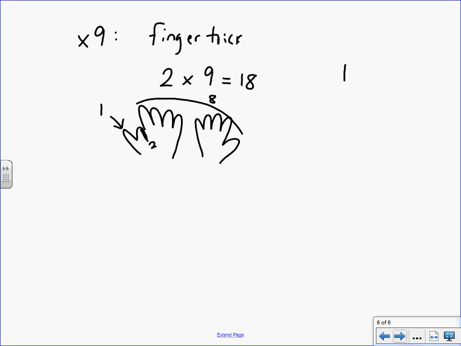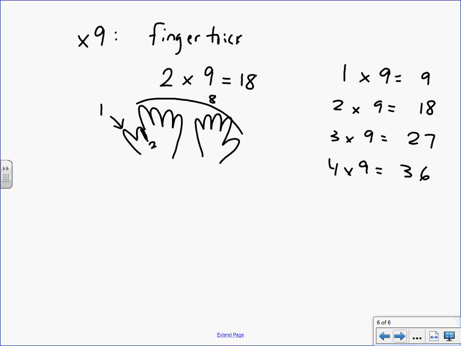The other way of doing it, if you look at the 9s, 2 times 9 is 18, 3 times 9 is 27, 4 times 9 is 36. You're going to see something. Look at the pattern. Look at the ones.